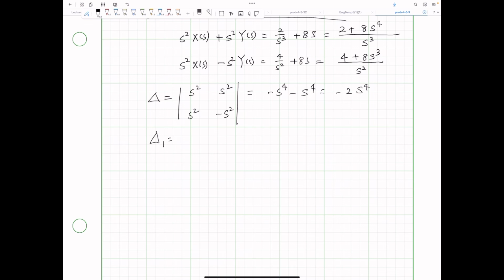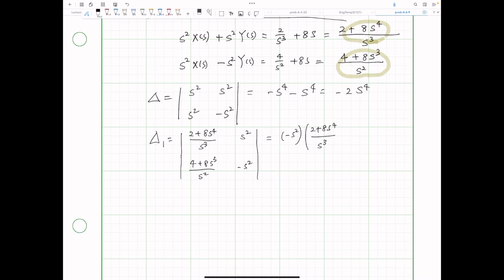And delta 1, so the first column is going to be these two, so 2 plus 8s to the 4th over s cubed, and then 4 plus 8s cubed over s squared, and then the second column is going to be s squared, negative s squared. AD, negative s squared times 2 plus 8s to the 4th over s cubed, minus BC, we have s squared and then 4 plus 8s cubed over s squared.